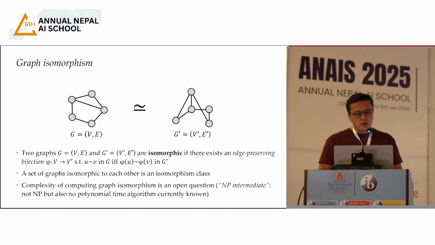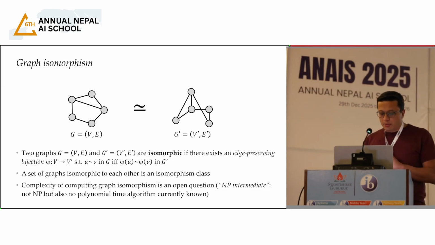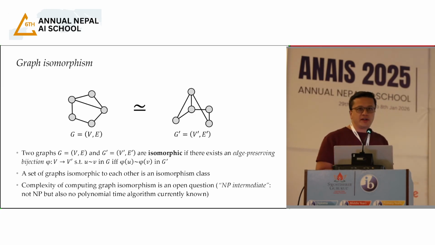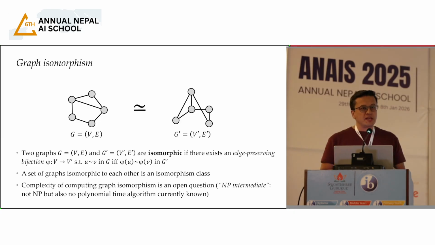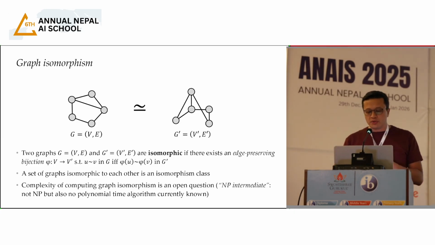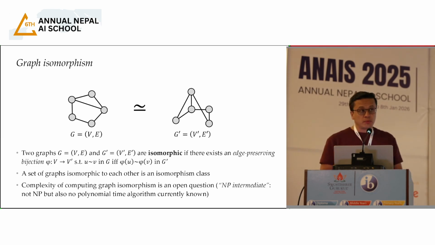Good. Now, the problem here is that this is a very non-trivial problem, right? So the complexity of graph isomorphism is actually still wide open. It was a long-time open question. It's a bit of a holy grail of theoretical computer science.